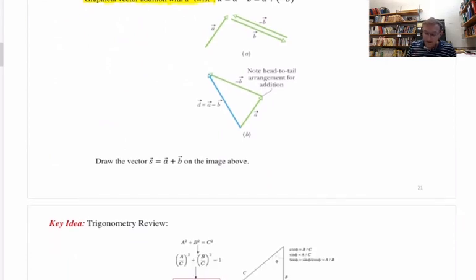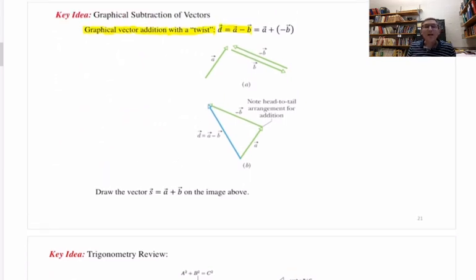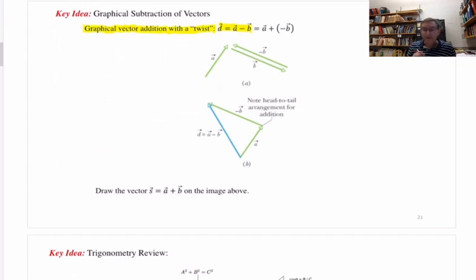We'll get the difference, I'll call it D, right here. D vector is A vector minus B vector. But all we really want to do is, or what we're going to do, is take A vector plus the vector negative B. So it's really addition. We're going to add A to negative B. So we just got to be clear what vector negative B means.